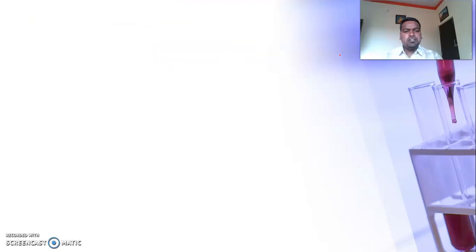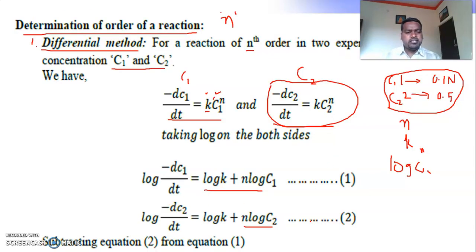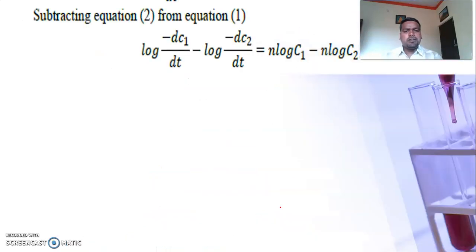Dear students, just look at the previous expression. If you subtract these two from 1, at that moment log K gets cancelled, because it is a similar term, and the dissimilar terms remain in the equation. Then we can simplify: log a minus log b is equal to log of a by b.